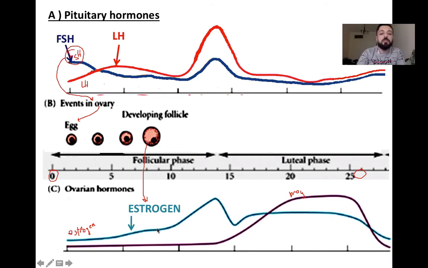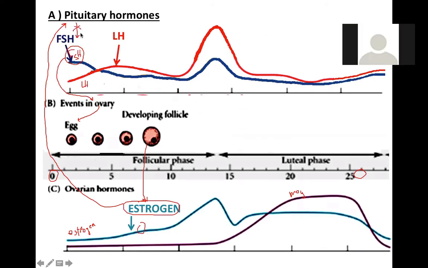The rise in estrogen, around day 7 or 8, will have a negative feedback on the pituitary gland, because estrogen is released into the blood. So the pituitary gland will detect the increase in estrogen. As a result, the pituitary gland will stop producing FSH, and it starts releasing a new hormone.